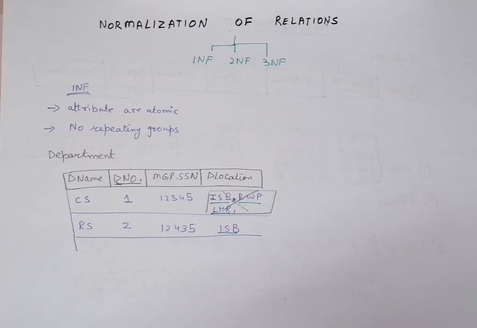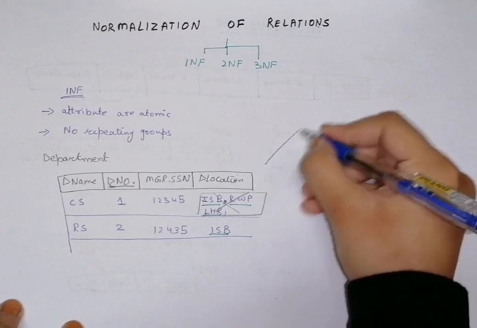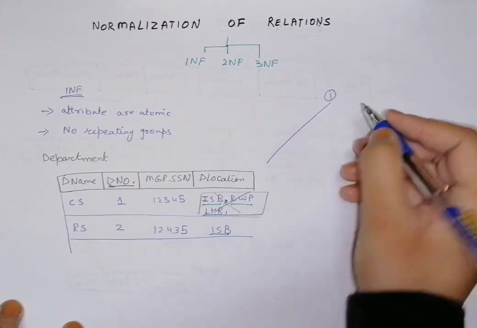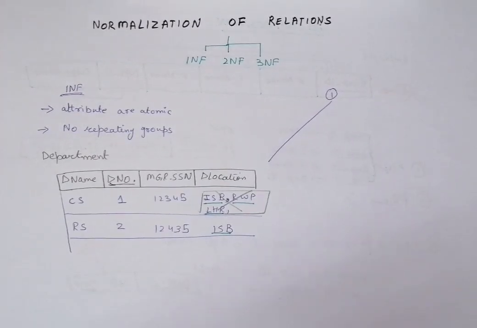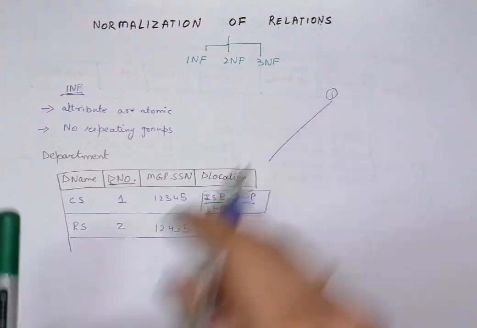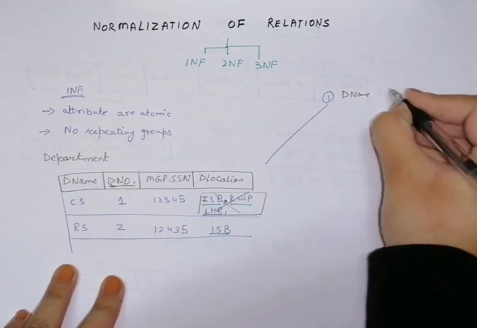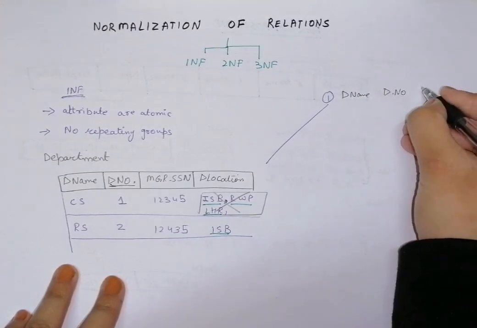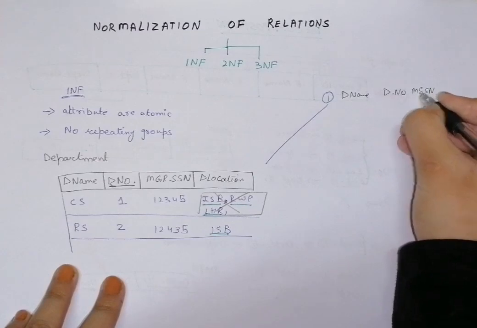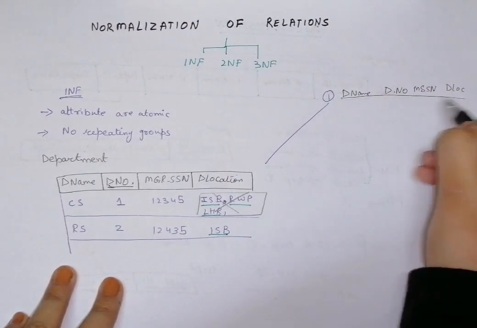Number 1 solution that I may think of is, why not create different rows for them? If I redraw this structure, this is D name, this is D number, this is manager SSN, and this is department location.